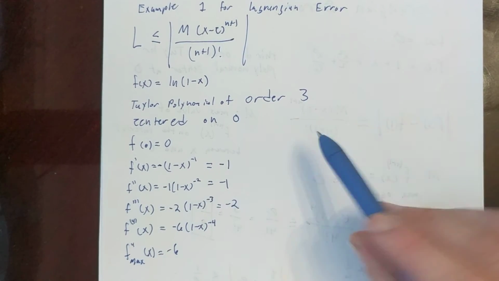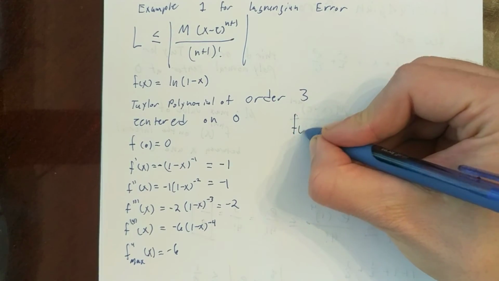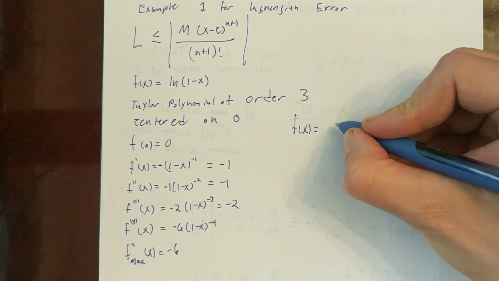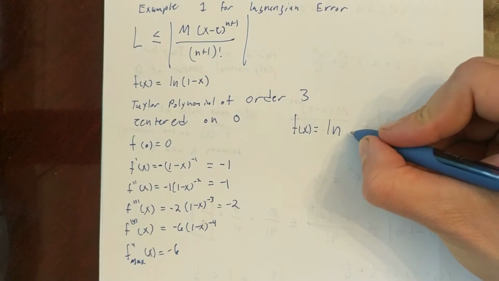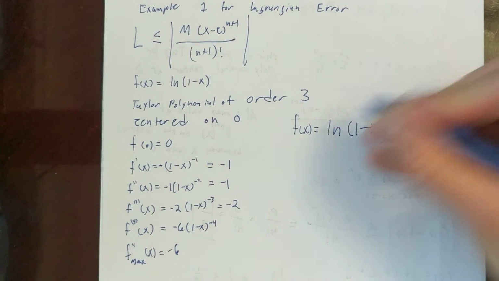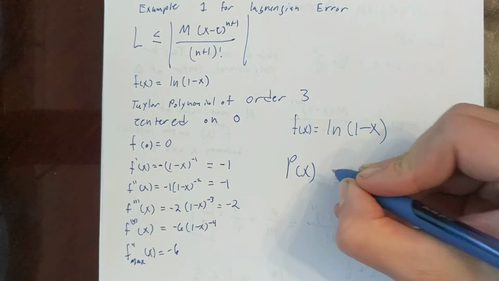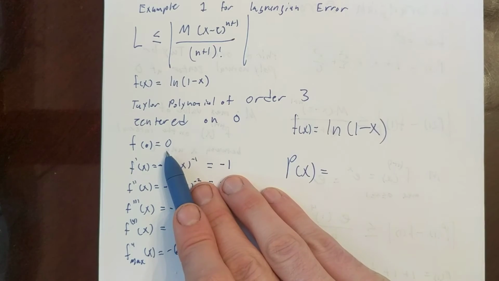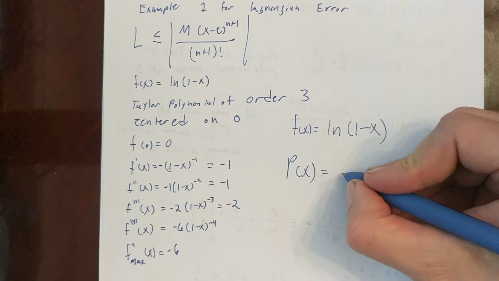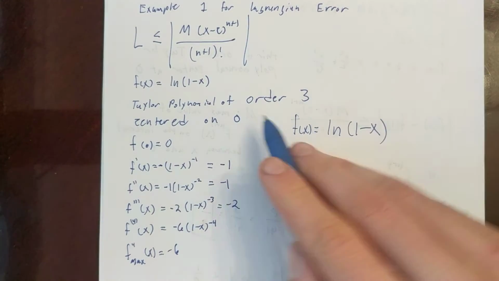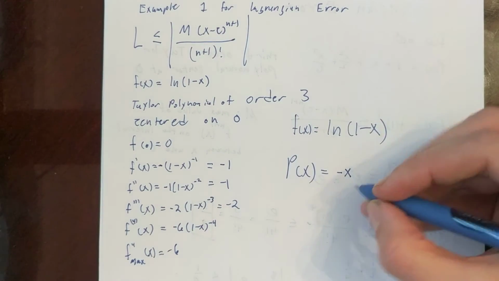All right, so here's f of x. F of x, again, is the natural log of 1 minus x. P of x now is going to equal, well, 0 minus x, centered at 0, so it's just minus x over 1.